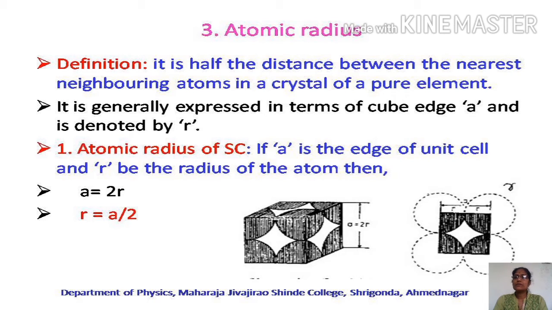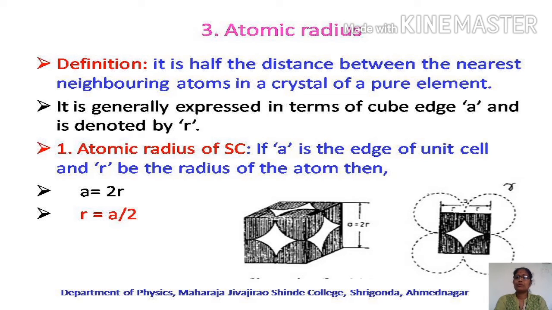Half the distance between nearest neighboring atoms means A is twice R, or R is A by 2, and this R equal to A by 2 becomes the formula for atomic radius of simple cube as shown in the figure.